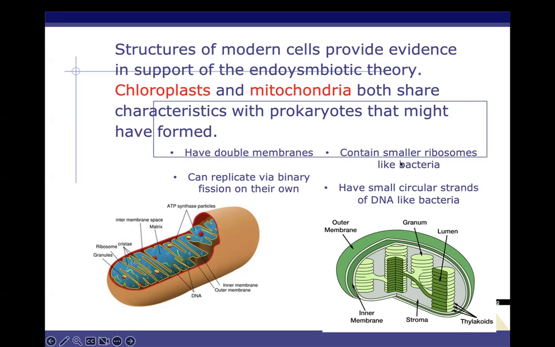They both also contain their own small ribosomes that are very similar to prokaryotic ribosomes, actually more similar to prokaryotic ribosomes than to eukaryotic ribosomes. And they also have their own small circular strands of DNA, just like bacteria. So these are some of the pieces of evidence that support the theory of endosymbiosis.